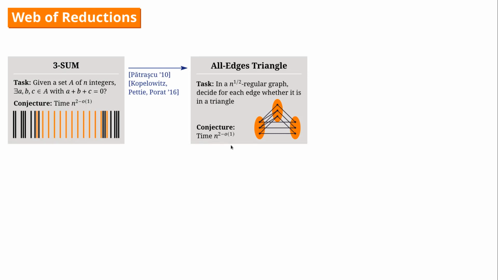Okay, this reduction is actually well known. It's originally due to Pătrașcu, but then it was improved by Kopelowitz, Pettie, and Porat. And this problem is also very nice because there is another very famous problem, namely the APSP problem, which reduces to all edges triangle. It's proven by Vassilevska Williams and Xu.